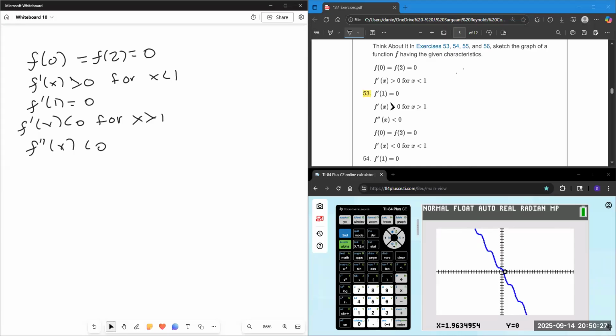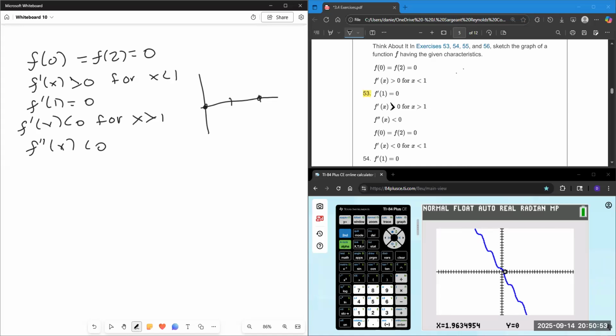Okay, so if it's always negative for the concavity, I'm thinking something like a parabola that opens down, and I have x-intercepts here at 0 and at 2.